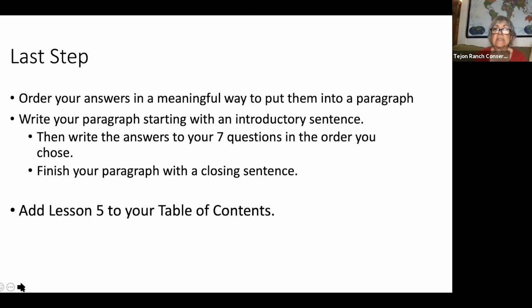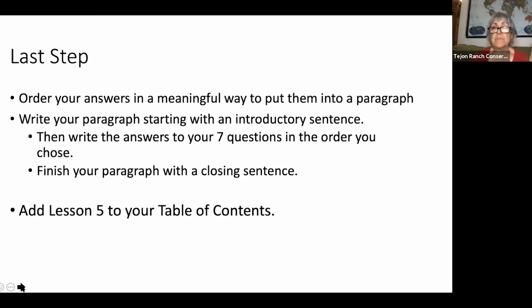And then the last step, take the answers to your questions, number them 1 through 7, so that you know what order you want to put these answers in, so that it makes a meaningful, coherent paragraph where it's not just a bunch of disjointed answers, but they all link together. And then you're going to start with an introductory sentence.